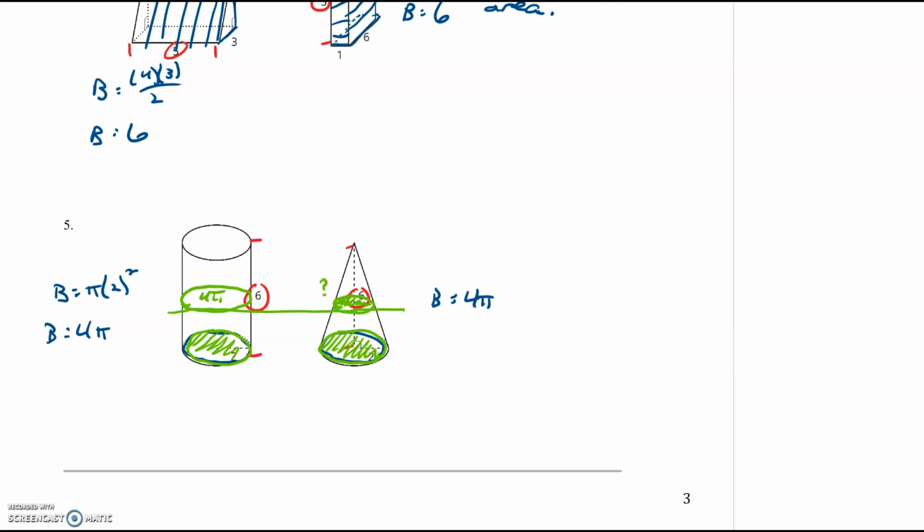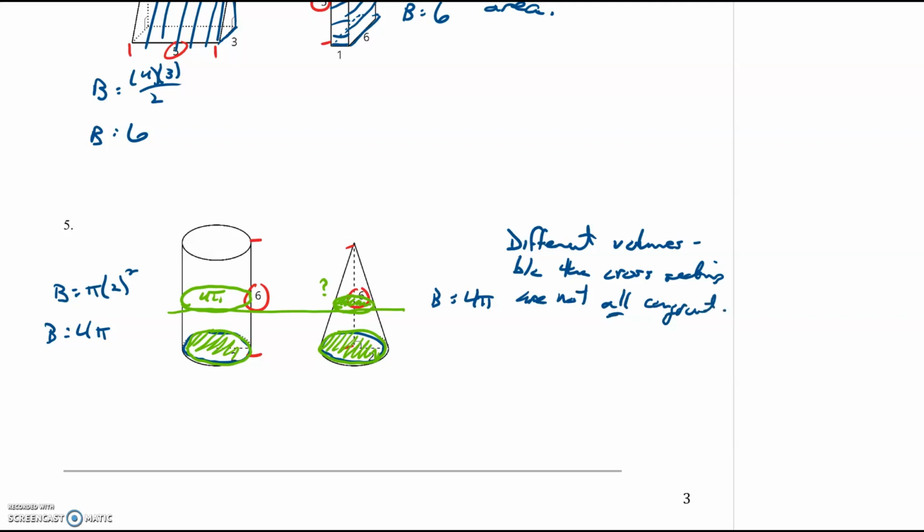I don't know how big it is, but I know it's not 4 pi. So this is not going to be the same. So these are going to have different volumes, because the cross sections are not all congruent. Okay, so those will have different volumes.